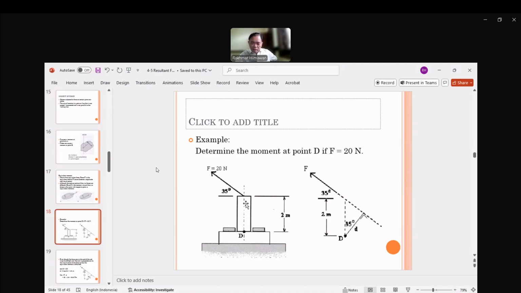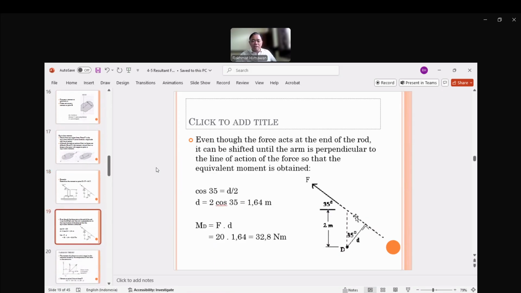So this is not the distance. The height of the rod, the head of the structure, is not the distance, but you need to find this D, small d. You need to find it because this needs to be perpendicular. The distance from the point has to be perpendicular to the line of force.